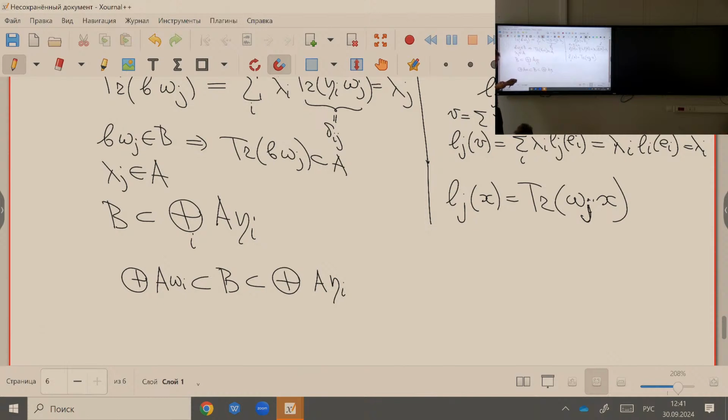But clearing up denominators, we can write eta i as a_ij omega j, where a_ij tilde, and d is a common denominator.